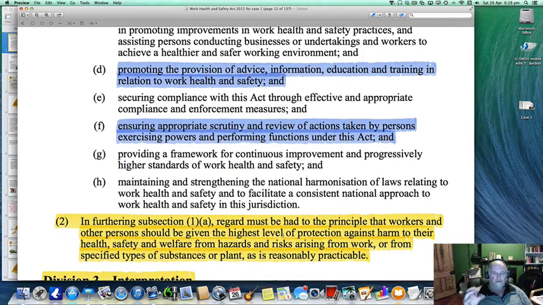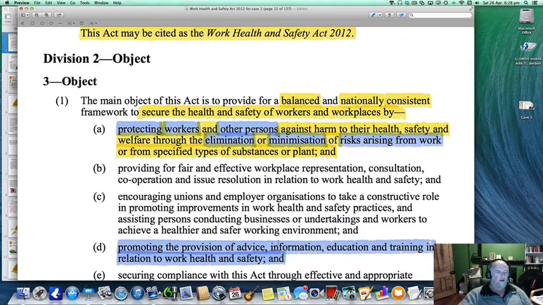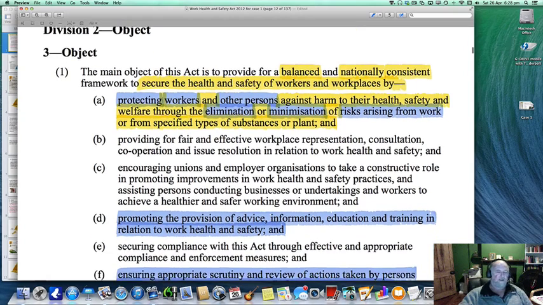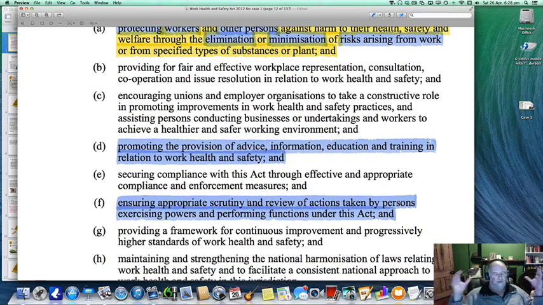You see, I'm not sitting here. Whatever you do when you're reading this sort of stuff, don't sit there and think, oh, what do they mean? Ensuring appropriate scrutiny. Oh, maybe he didn't have the appropriate scrutiny and he's in breach of division 2, subsection 3, object subsection 1, subsection F. People get caught up in this kind of minutia, the small bits of a problem.